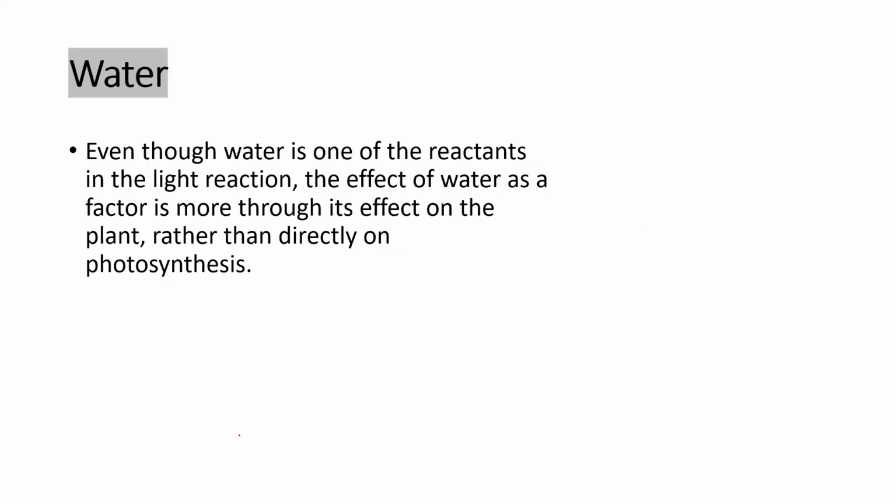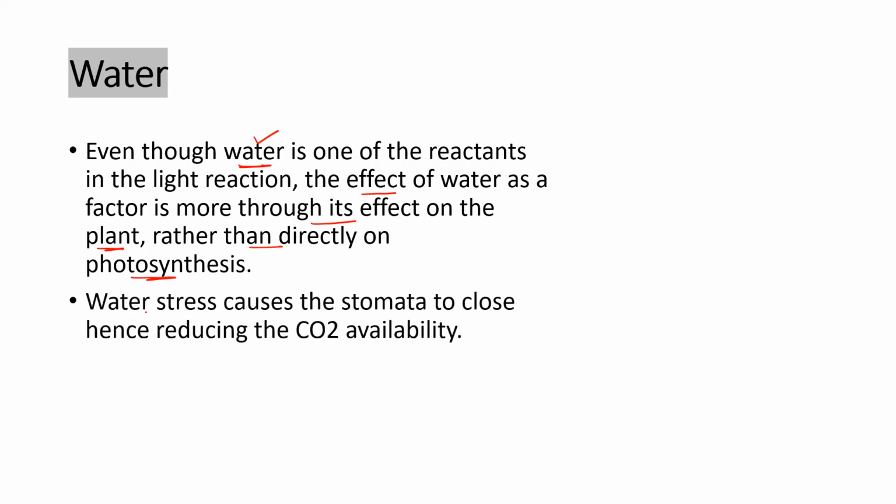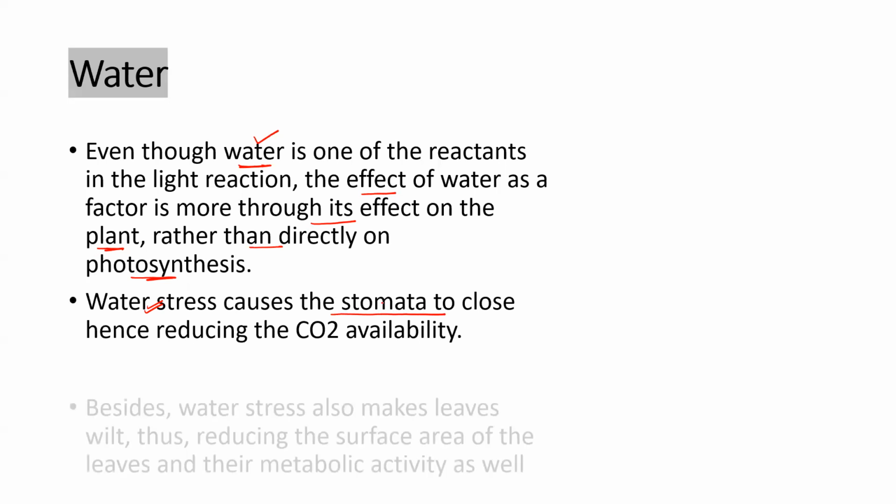Water, you know very well, is one of the most important reactants of the light reaction, but the effect of water as a factor is more through its effect on the plant rather than directly on photosynthesis. Water stress, when water is less, can cause stomata to close and thus carbon dioxide availability is reduced, and photosynthesis decreases.